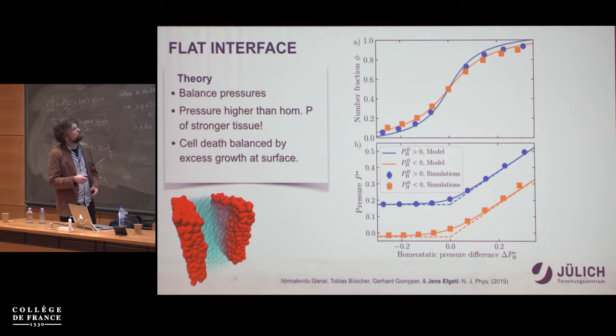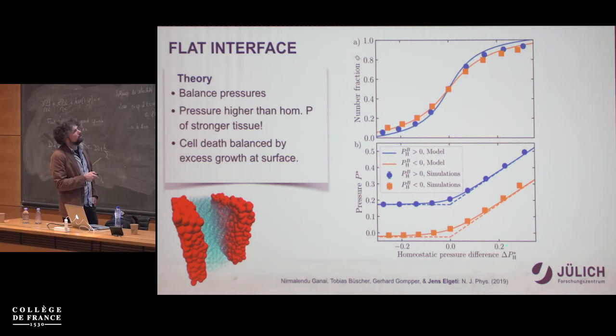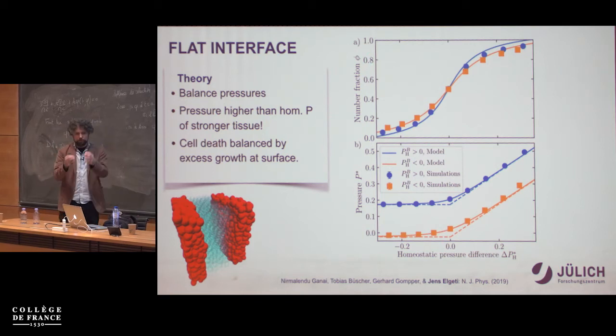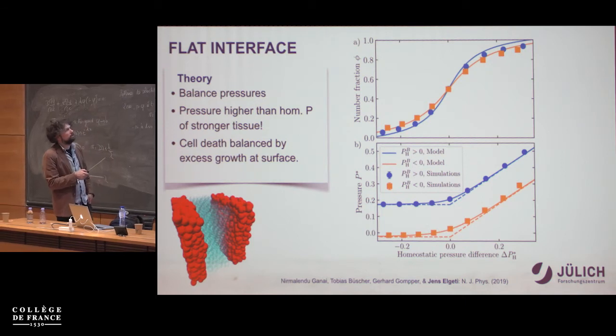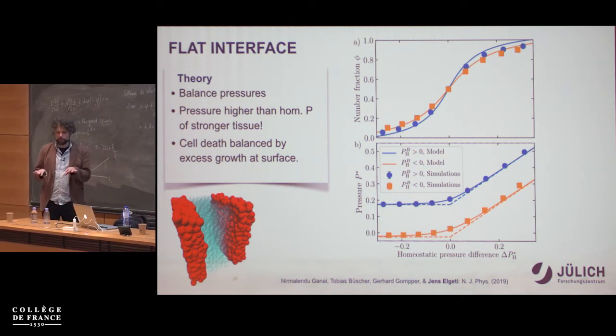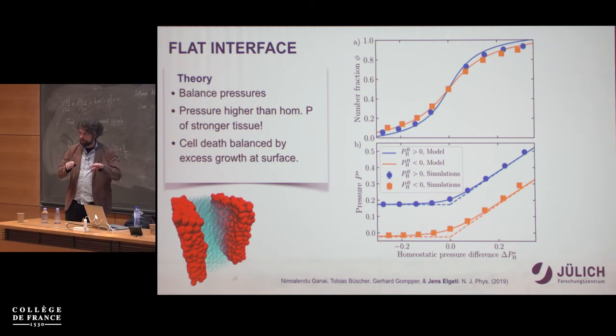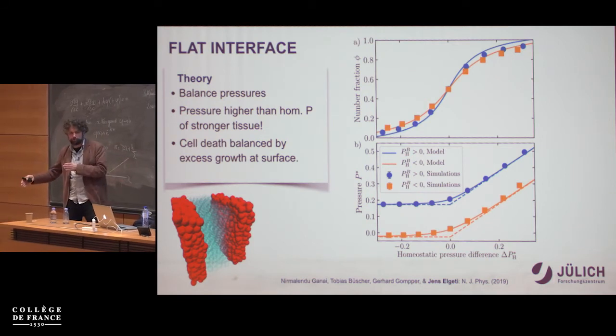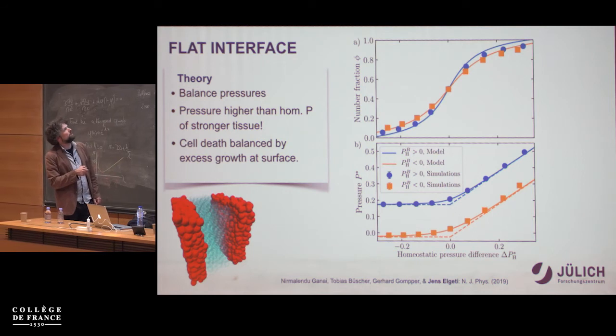To walk you through the plot a little bit: if the red cells have 20% higher homeostatic pressure, they reach roughly an 80% number fraction of the stronger cells inside the blue cells. And the pressure during the whole thing is dominated by the homeostatic pressure of the stronger tissue plus an interfacial term, and that's what you see here at the bottom.